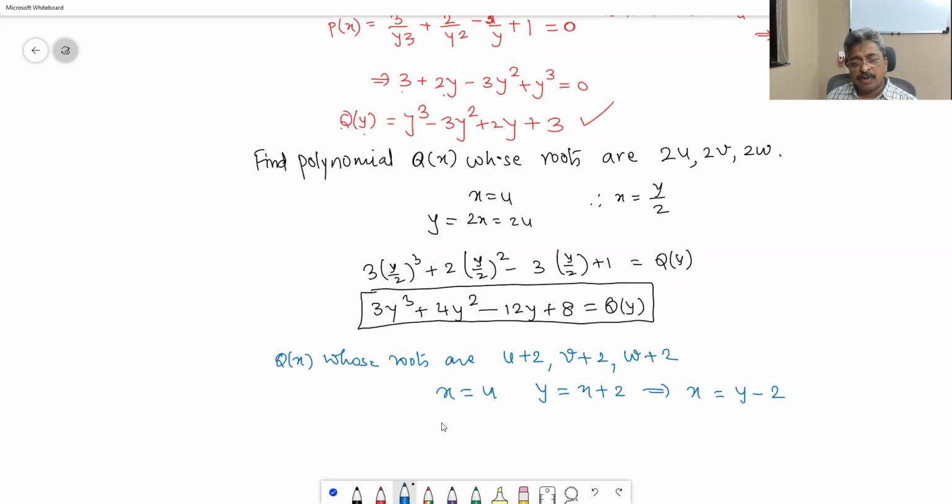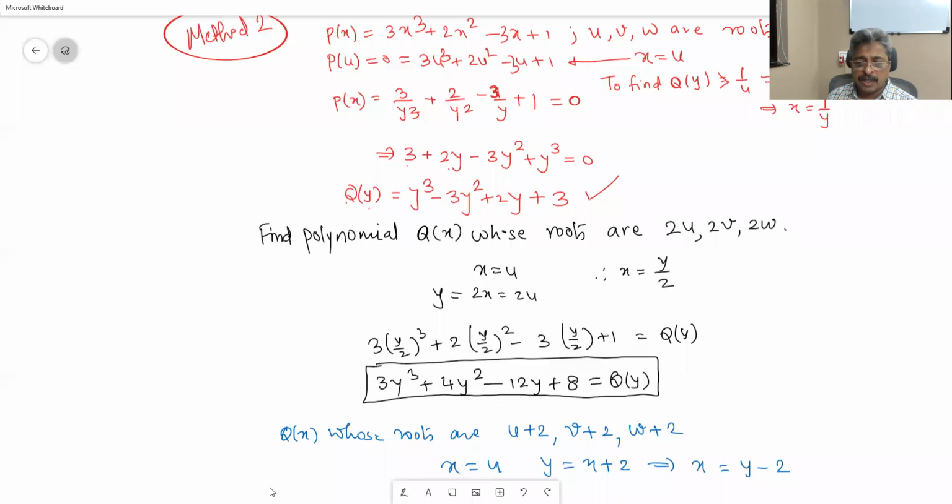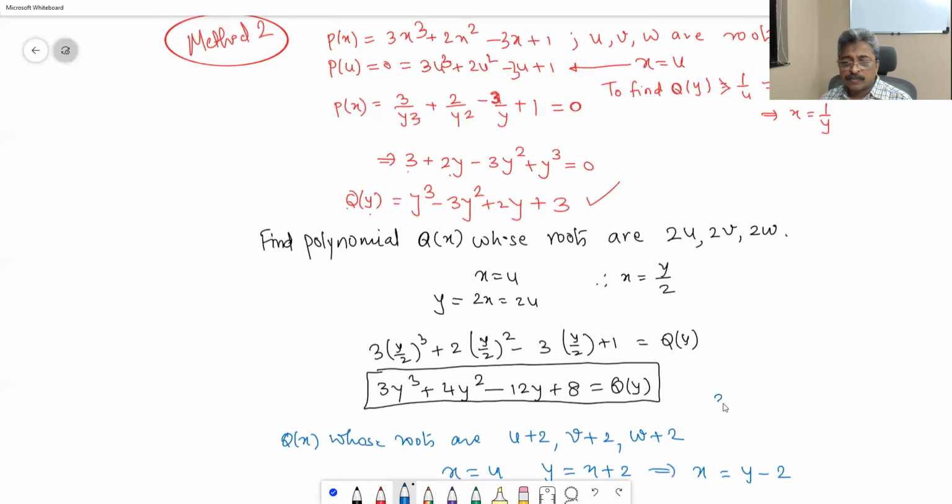Therefore the required equation is, put y minus 2 wherever x is: 3 into y minus 2 bracket cube plus 2 into y minus 2 bracket square minus 3 into y minus 2 plus 1 is equal to q of y.